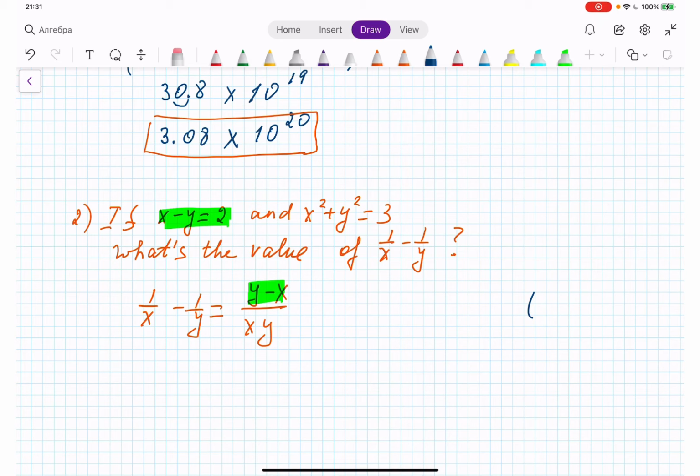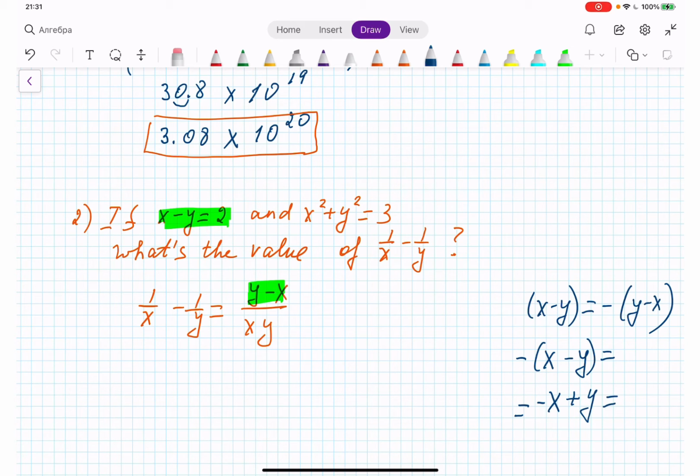If I have x minus y, I can put a negative sign in front and get y minus x, right? Because negative times x minus y is negative x plus y. Or I can write y minus x, which is here.